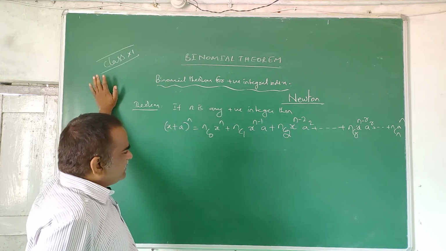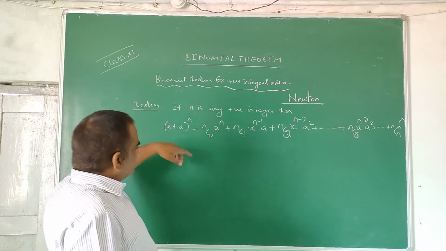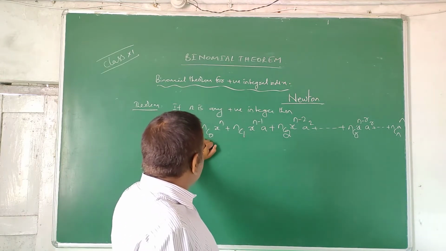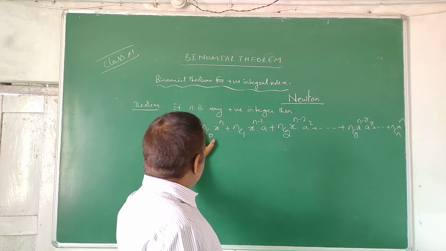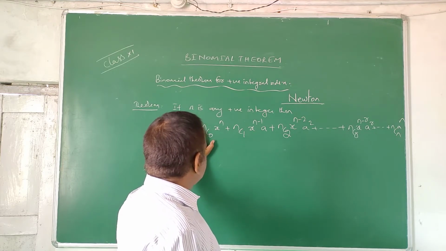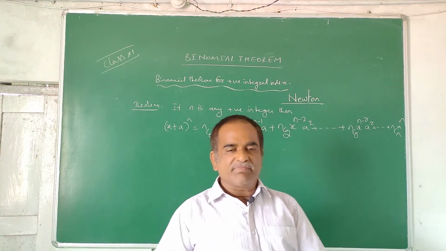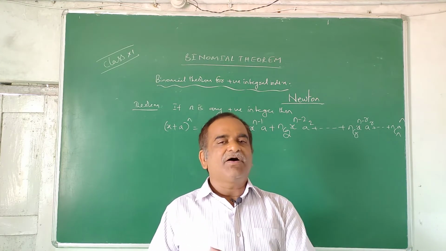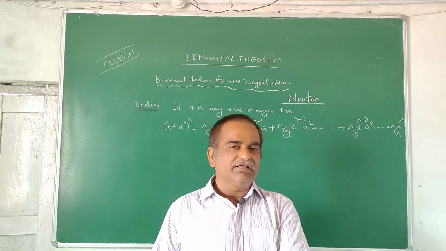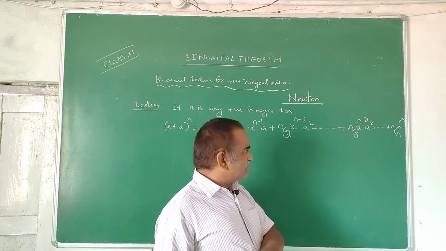If you carefully observe, Newton gave the nCr notation for the coefficients, and how to find that nCr you have learned in combinations. So the same formula you have to use here to get the nCr value.